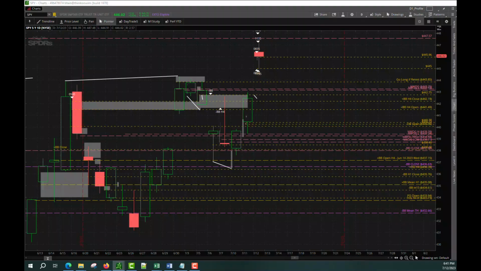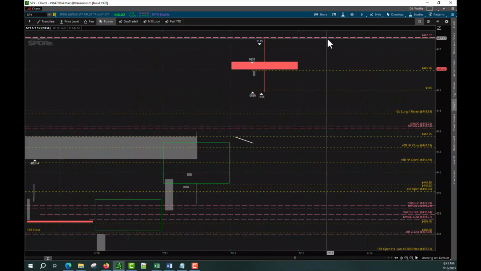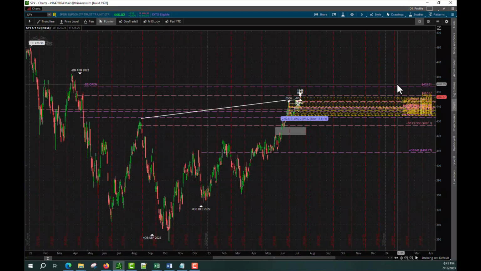Let's look at the daily. Look, there's a huge gap right here on the daily candle, but it nearly hit the high time frame level right there. You see.